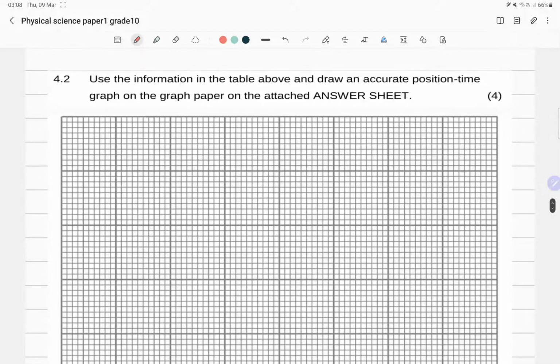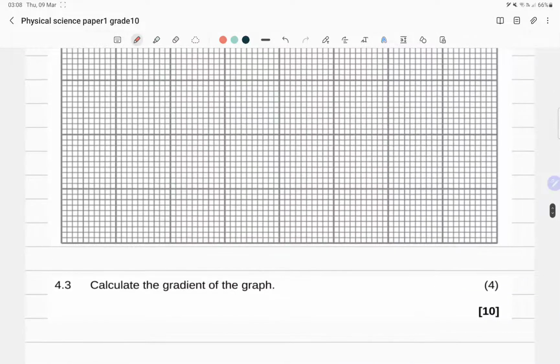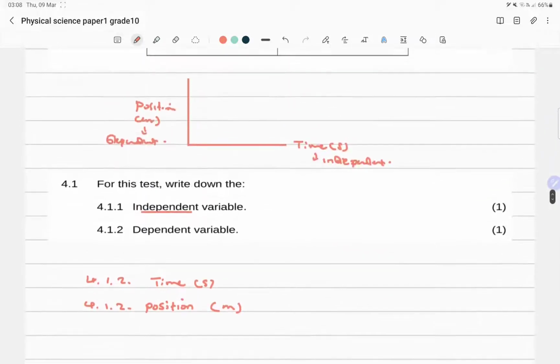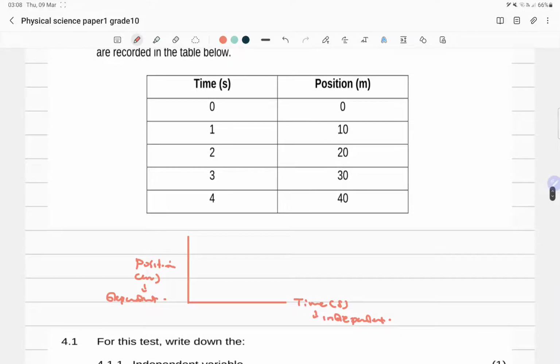Now use the information in the table above and draw an accurate position-time graph on the graph paper, on the attached answer sheet. So I've already copied it here. The trick here is to now work out the right scale, because we can see here we've got 0, 10, 20, 30, 40.